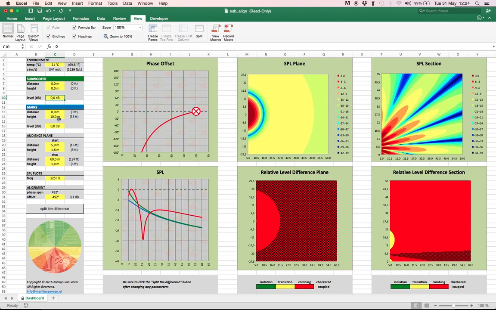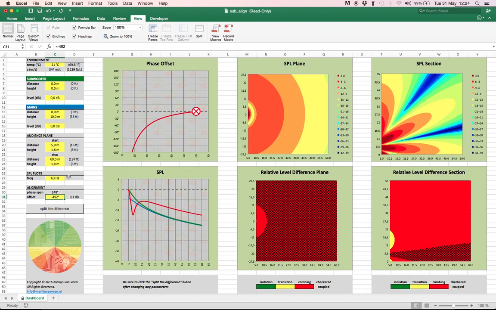Think of them as your flown subwoofers, and our previous subwoofer will become the ground stack subwoofer. And 9 out of 10 times, these two subwoofer systems, the flown ones and the stacked ones, share custody in the 63 Hz, 32 Hz frequency range, in the infrasub range, if you will.